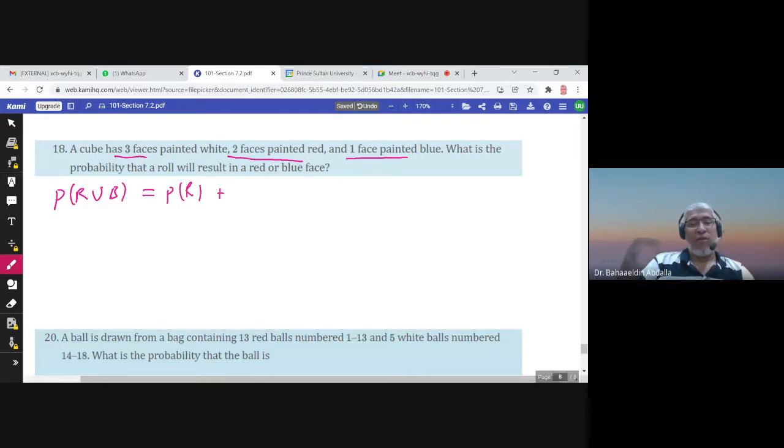So the probability of the union is probability of red plus probability of blue. How many red faces are there? 2. And the total number is 6. How many blue? Sorry, 1 blue. So the answer is 3 over 6.